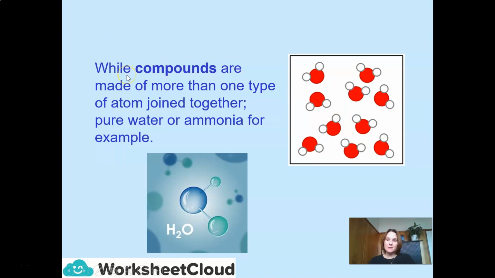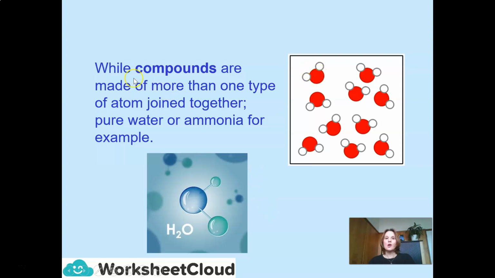While compounds now are made up of more than one type of atom, and they are joined together. And the example I've used here is pure water. So look at this water molecule. It consists of 2 hydrogen atoms and 1 oxygen atom. And here you can see it quite clearly. 2 hydrogens, 1 oxygen.